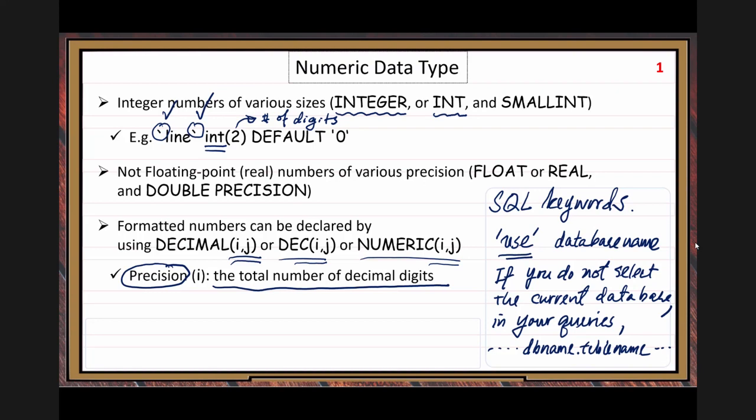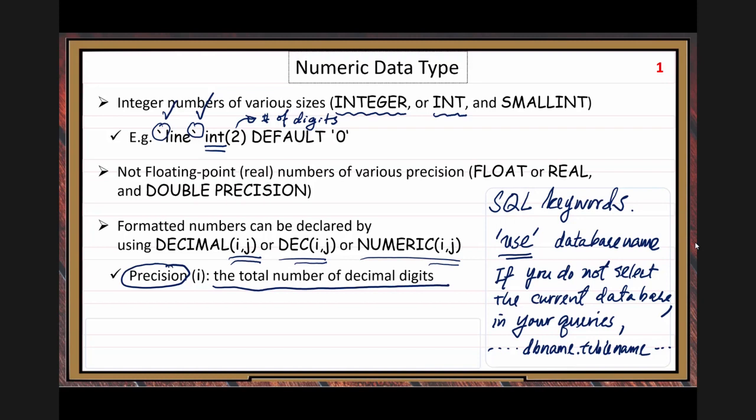But here, precision contains all the digits before and after, which may cause some confusion. So you need to be aware of that difference.